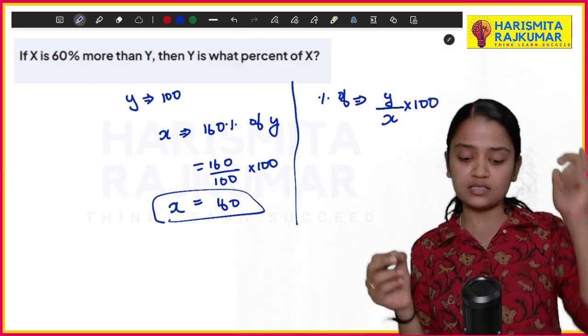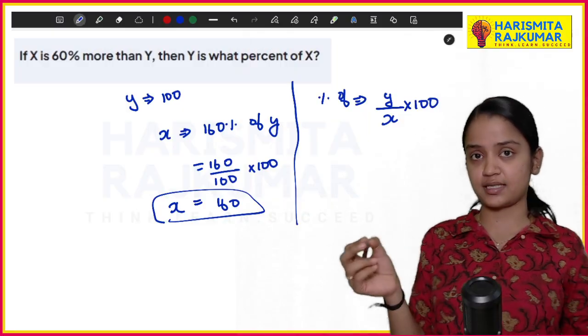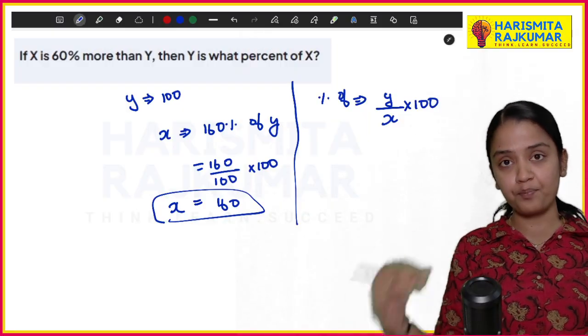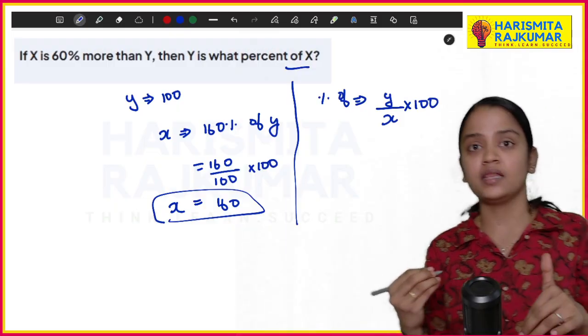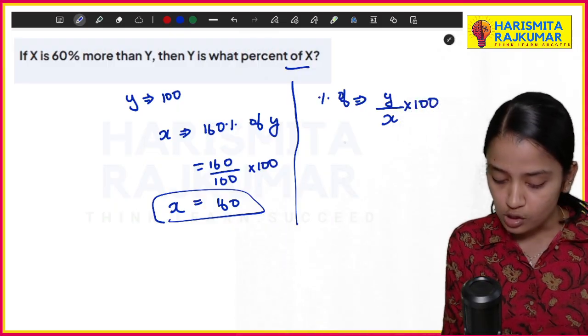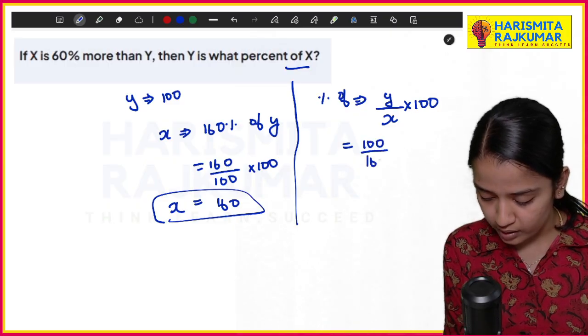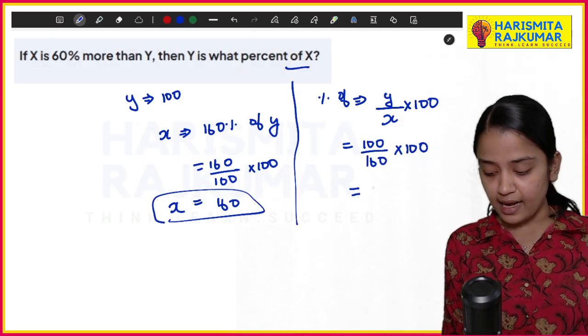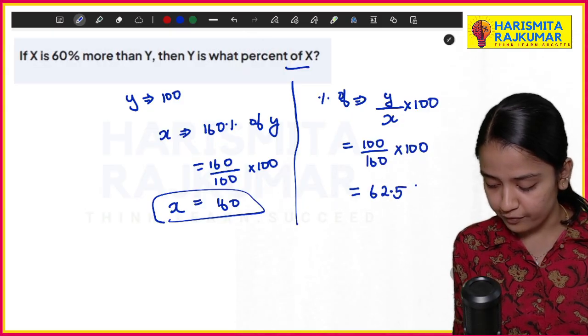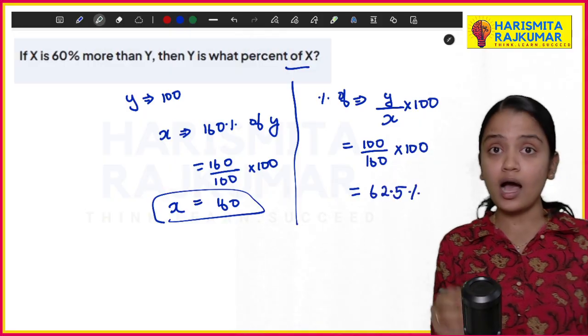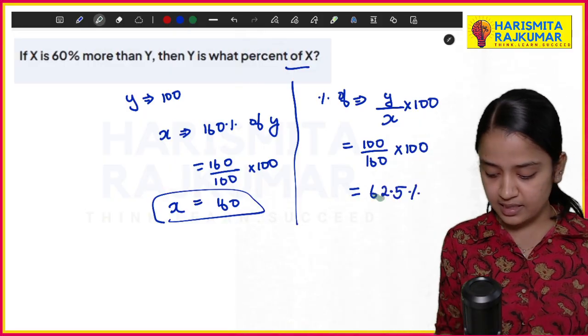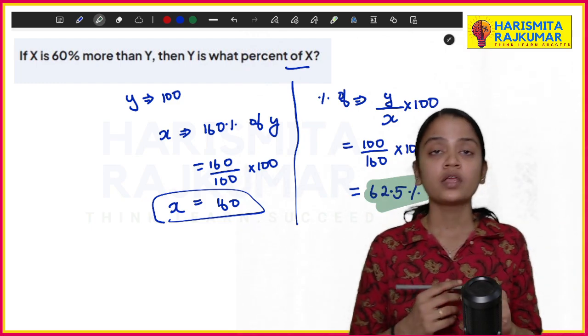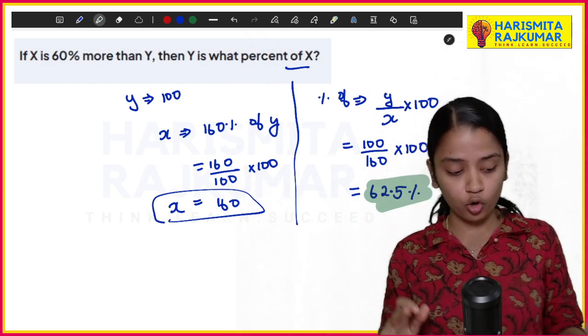What is y percentage of x? I told you in the previous video that "of" means it will be in the denominator. So 100 by 160 into 100, and you will get the answer as 62.5 percentage. I hope you understood it.